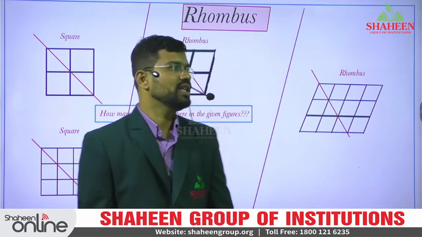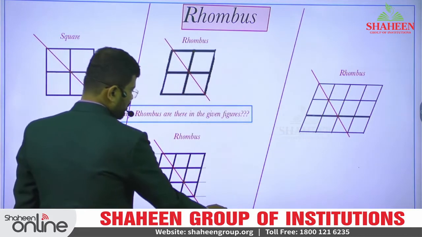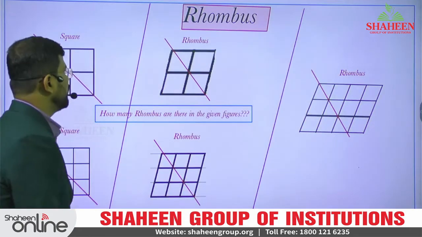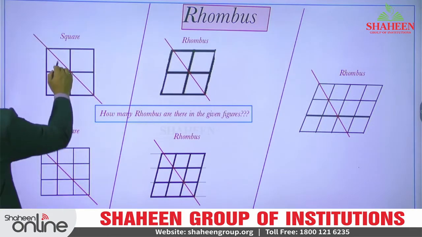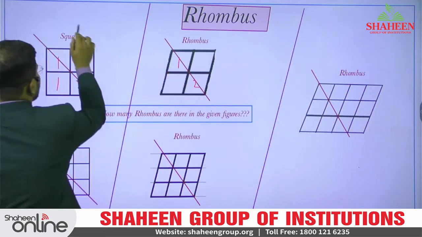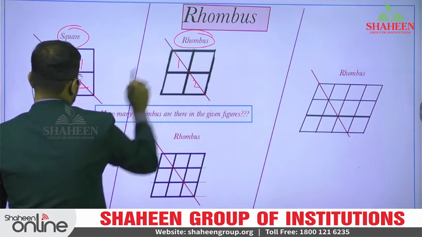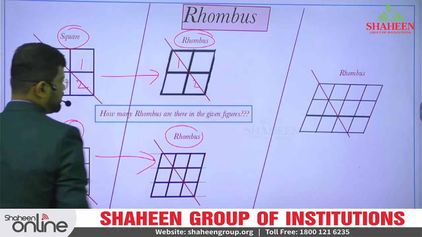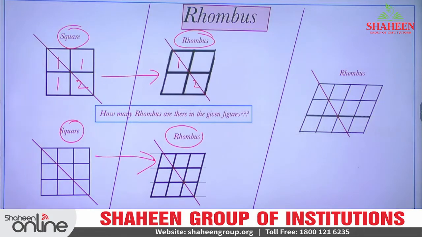Let us see in this session. Look at here, this is 1, 2, 1, 1, again 1, 2. Now I am comparing square and rhombus. This is the same example.